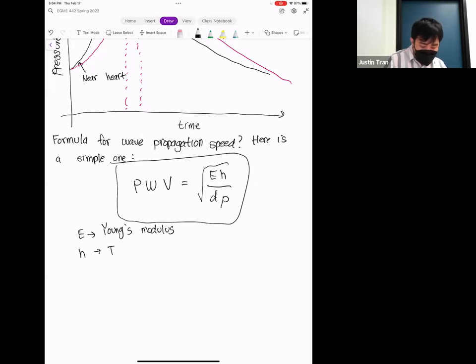H here is the thickness of the vessel wall. D here is the vessel diameter. And rho here is the blood density.